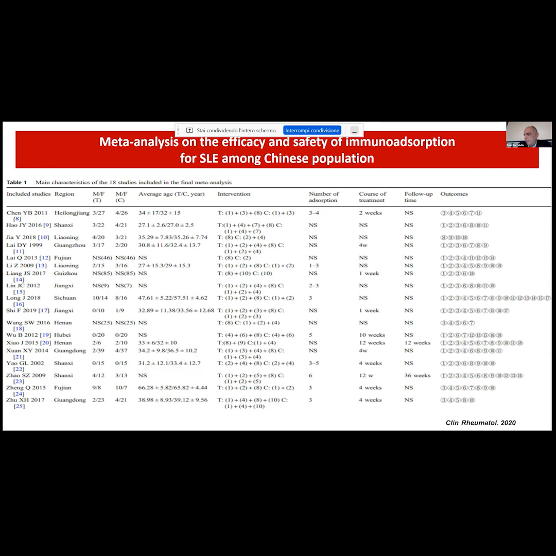They are very frequently used in real life, especially in China. But this experience, very popular in Asia, is not supported by results from randomized controlled trials.